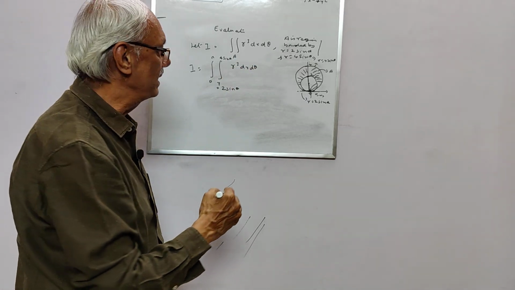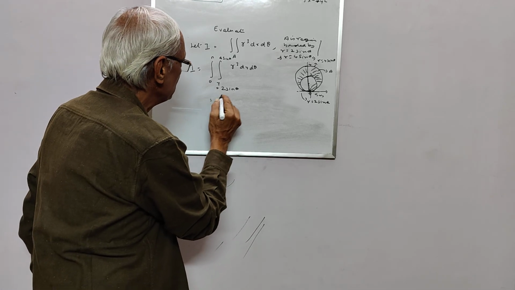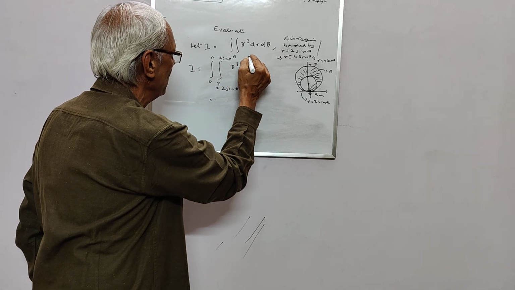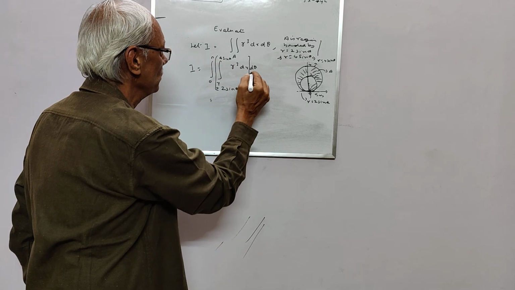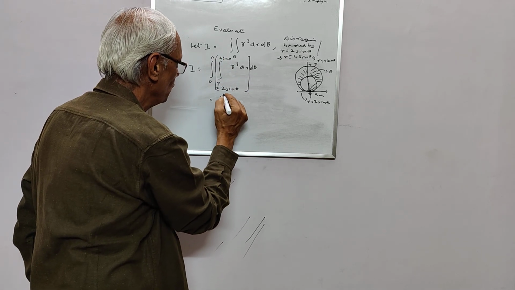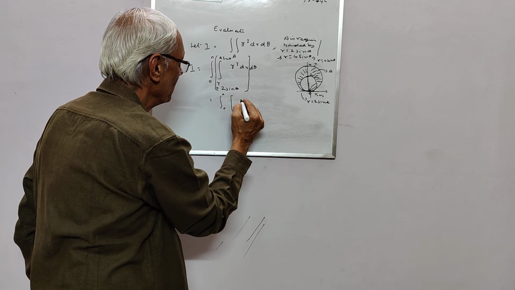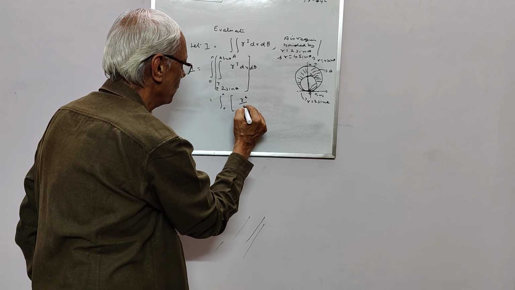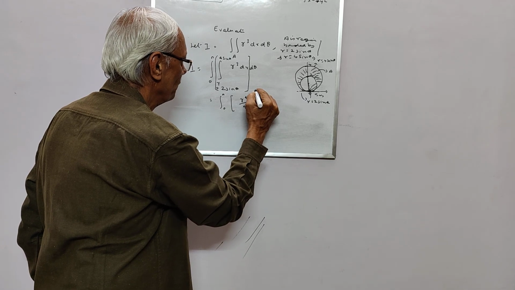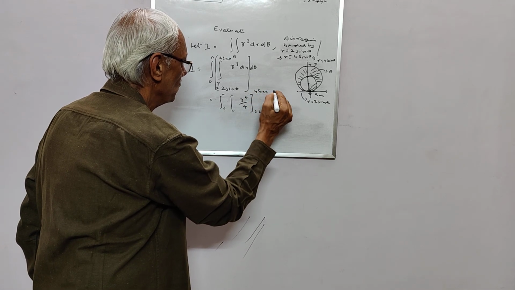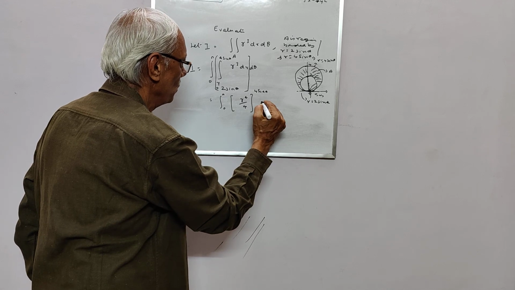So this is what we get. Now the integration has to be done with respect to r first, then with respect to theta. So this will be equal to the integral from 0 to pi of r to the power of 4 by 4, with the limit of integration from 2 sine theta to 4 sine theta, d theta.